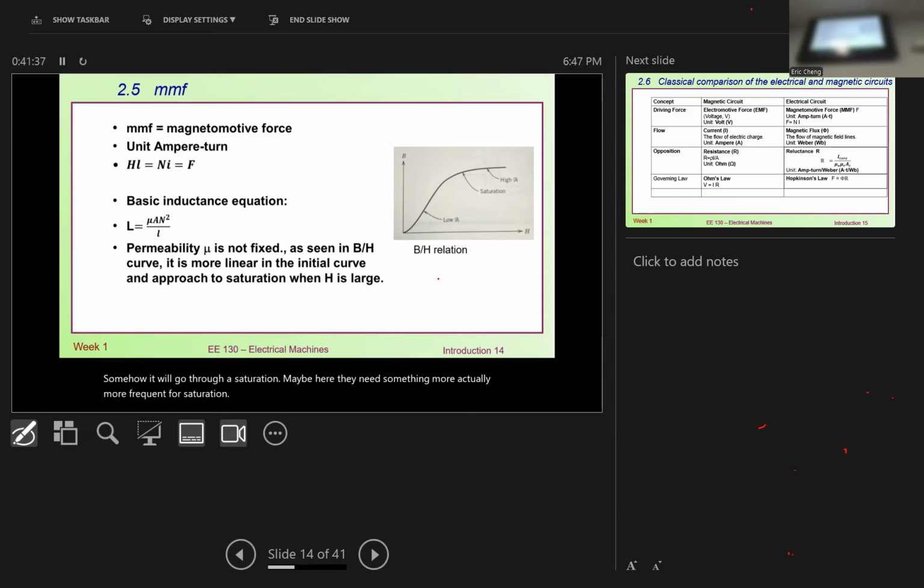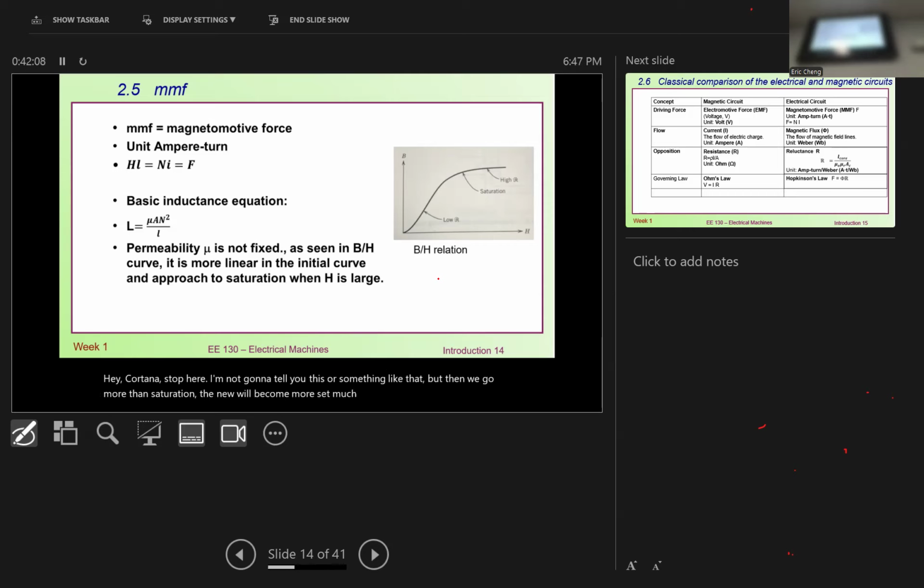Why does it saturate? Because some of the internal dipoles are already aligned, so the core can't accumulate more magnetization inside it. So mu is this ratio. You can see that the slope here is the mu. The initial mu is steep like that, but near saturation, the mu becomes much flatter and lower.